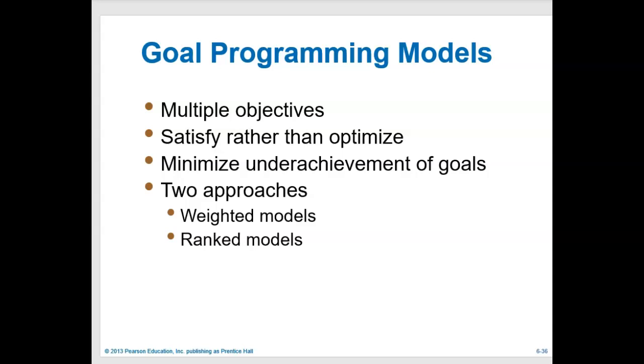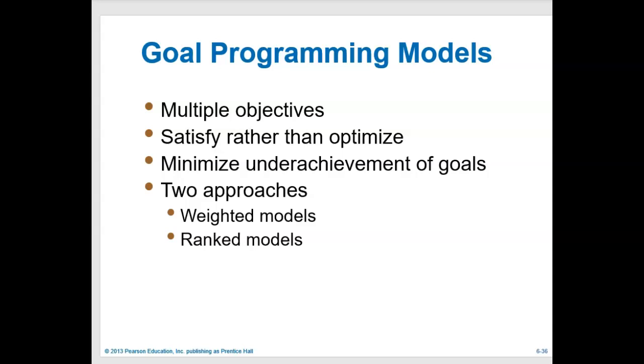However, if you get an 87 or an 88, you are overachieving what the specified goal was. So this difference between what you actually achieve minus what the goal was is what we call the deviation terms.